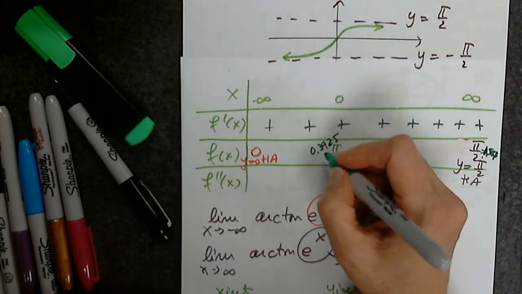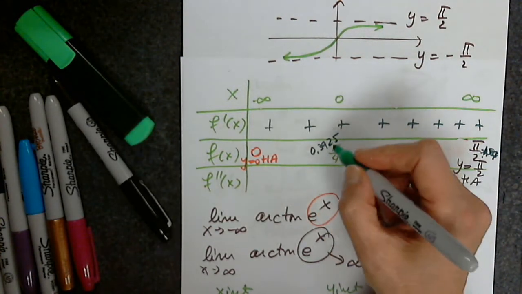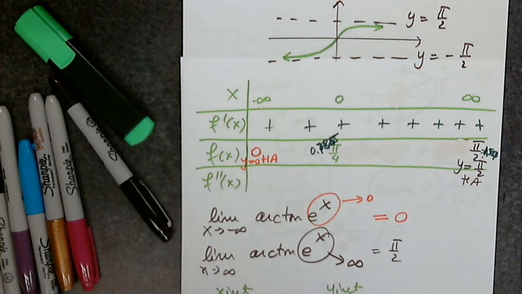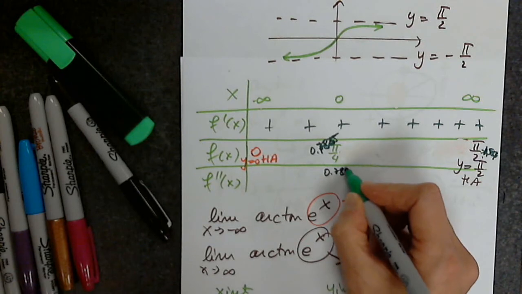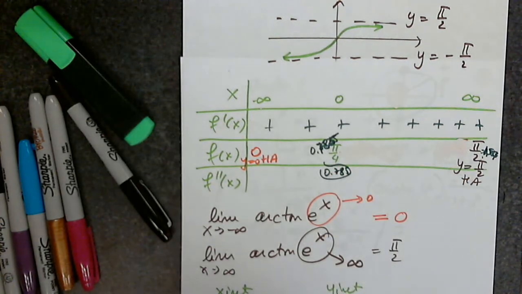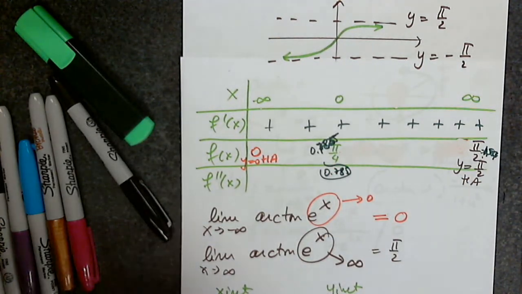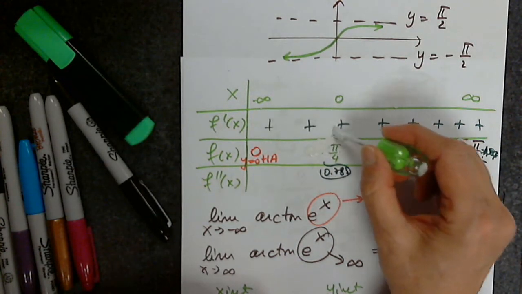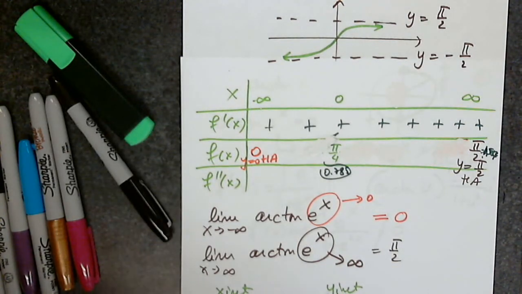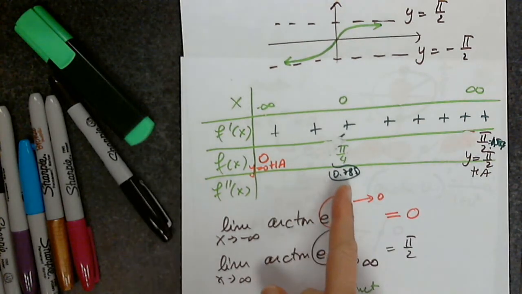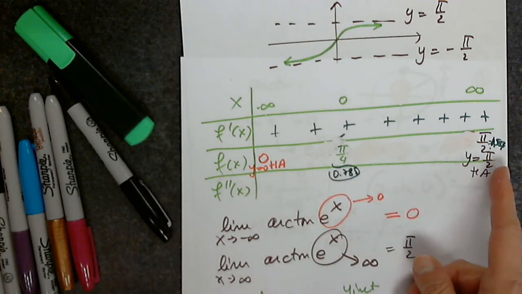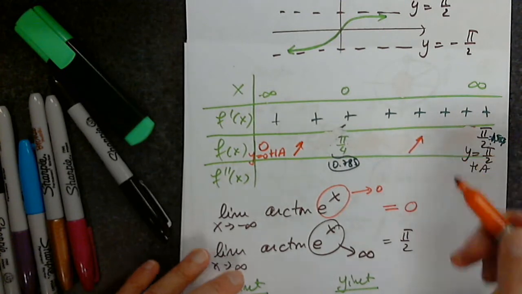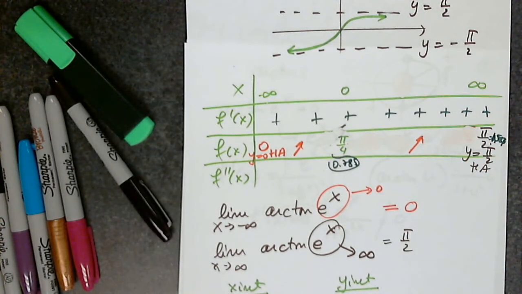It was 0.785. Okay. Sorry about that. So now we are looking to make sure that these two go in sync. Yes, from 0 to 0.78, yes. From 0.78 to 1.5, yes. So it's always increasing. The numbers show that, the sign of the first derivative, and so on.